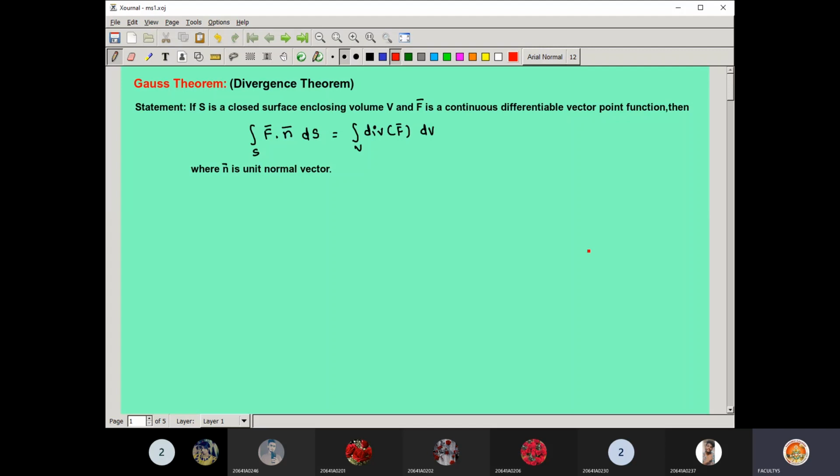If S is a closed surface enclosing volume V, and F bar is a continuous differentiable vector point function, then integral over S of F bar dot n bar dS equals integral over V of divergence of F bar dV, where n bar is the unit normal vector.